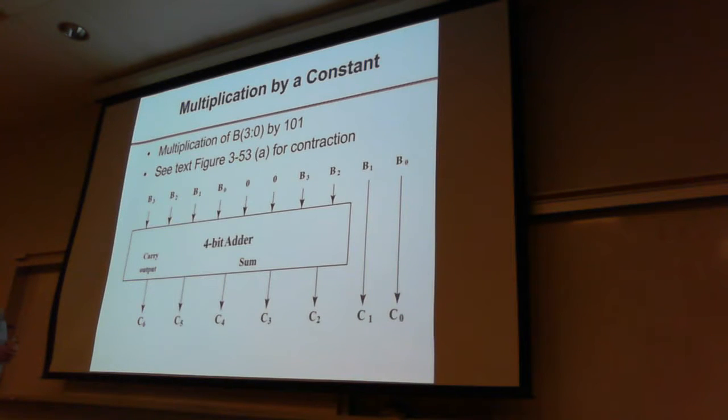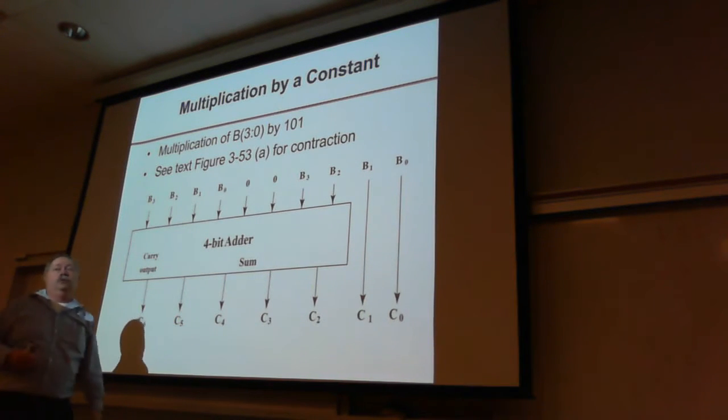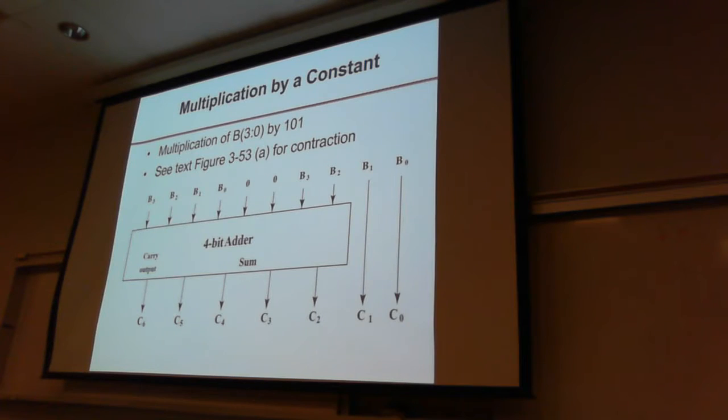So if I take my 4-bit adder and I take my bits B0 through B3, and I feed them into my 4-bit adder, I generate my sum bits, and I generate my carry out bits, I claim that I can create the results doing a constant 101 by simply taking the first 2 bits and letting them fall straight through as my carry bits. Okay? And then repeating this pattern here will then generate this 101 function.